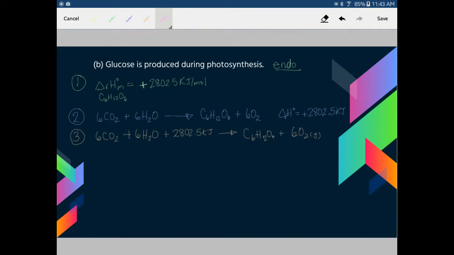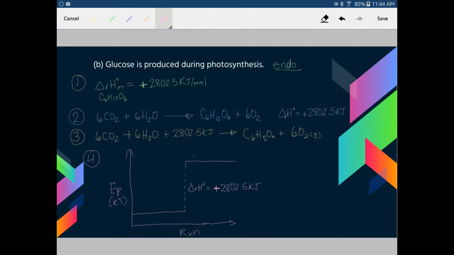And method number 4, we see our graph, we see our potential energy again in kilojoules. This is our reaction down here, and we see that we start with our reactants. We have our products. We have a change in enthalpy of this reaction to be positive 2802.5 kilojoules.